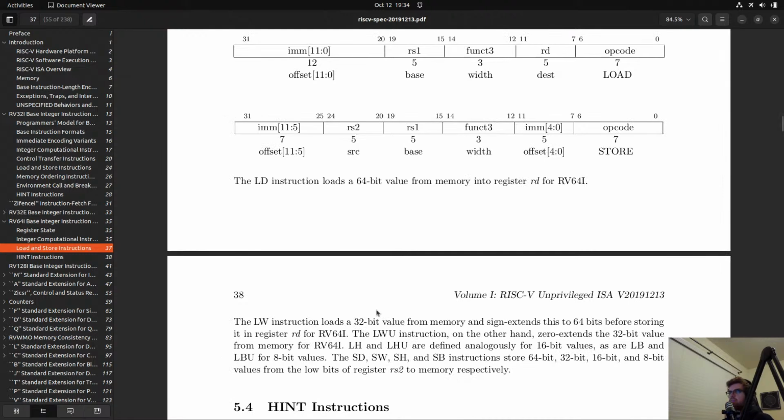And that makes sense in this case because our register file is going to be XLEN bits wide. And so we're 64 bits, so our registers are going to be 64 bits.